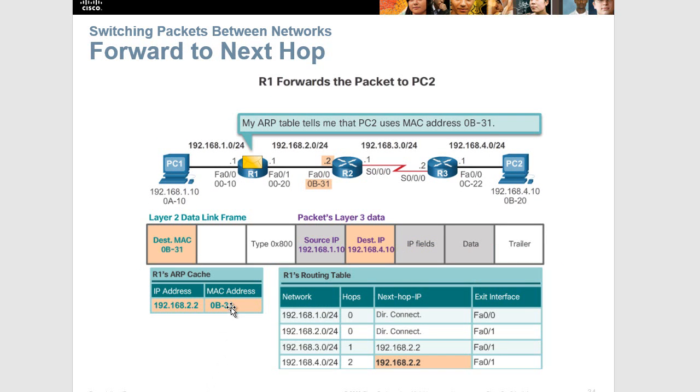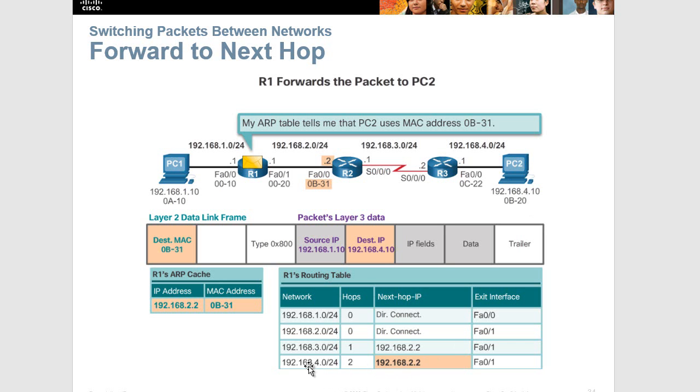You can see you've got a MAC address table, or I'm sorry, an ARP table in a router, and a MAC address table in a switch. So you've got an ARP table and a routing table, and that's what R1 is using to make its decision here. It has an ARP entry in its ARP cache, not for this guy here, but for the next hop IP.